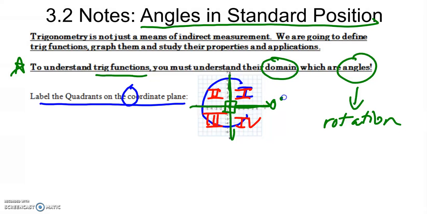So you'd be going from 0 degrees to 90 degrees, and then from the positive y-axis to the negative x-axis, you'd be going another 90, which would be 180 degrees, and the pattern would continue from 180 to the negative y-axis, which would be 270 degrees rotated. And then again, if you add another 90, you go all the way around, which would be 360 degrees. That also will be useful as we continue on.